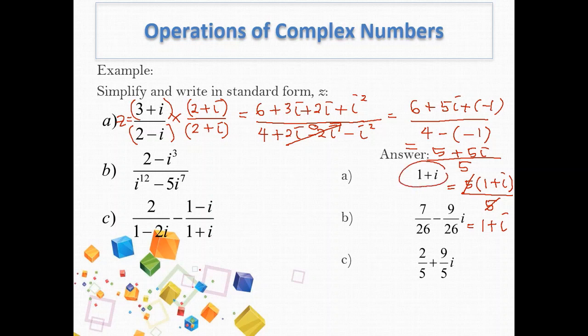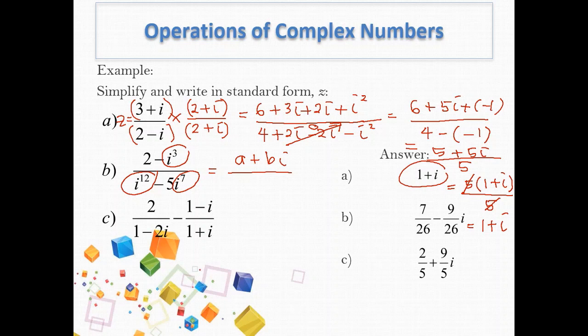So for B and C, you need to simplify first. Remember the first few slides, where I showed you how to simplify the imaginary part. Apply that, simplify first until you have the standard form, only i without power.